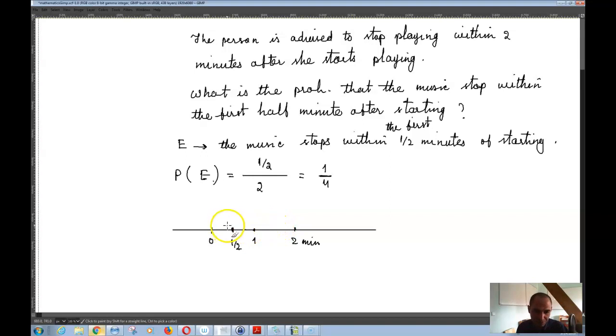So there is a 25% chance that it stops here, a 50% chance that it stops here, 75%, and 100%. And 1 divided by 4 is 0.25, so that's 25%.